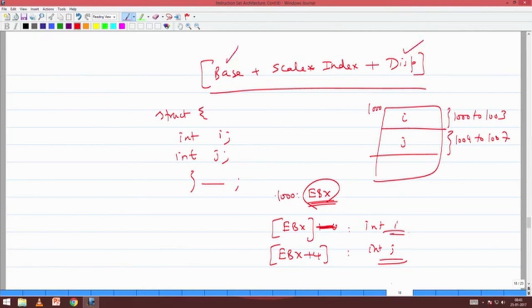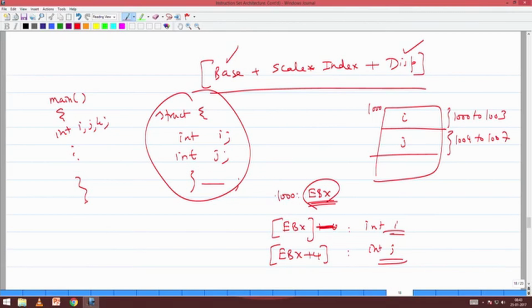The other thing is if I do not have something like struct, this is quite easy. I have main in which I have int I j k. As I told you in yesterday's lab class, the compiler will assume it starts from 0. Whenever it wants to access I, it will say 0, j it will say 4, k it will say 8 and so on. So, just displacement also.